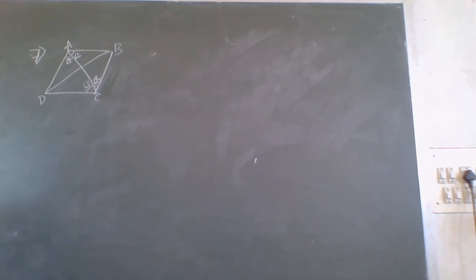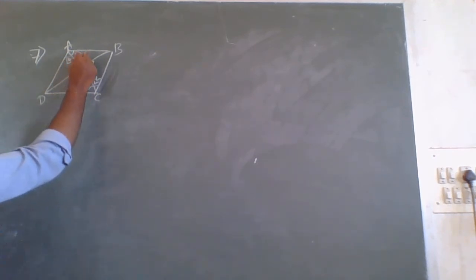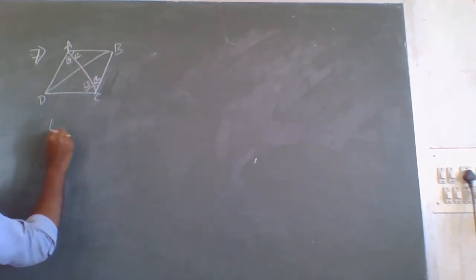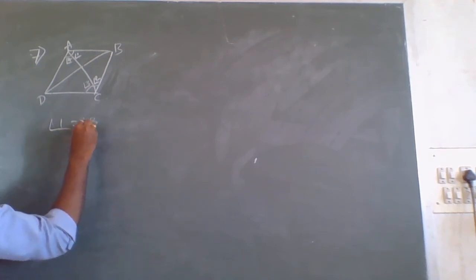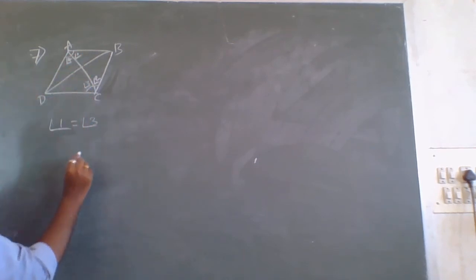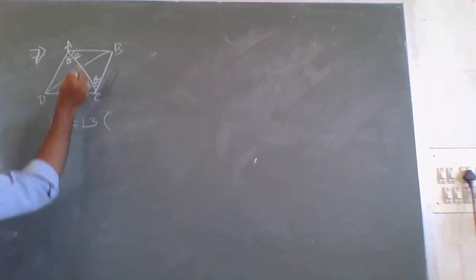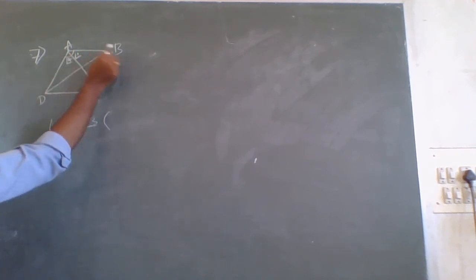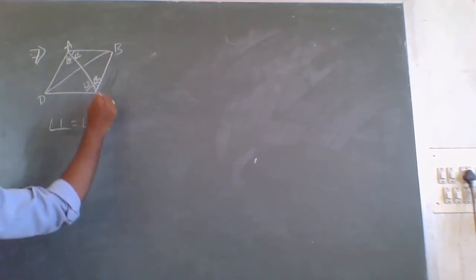First I can directly write angle 1 is equal to angle 3. Why? Because of alternate interior angles, since AB is parallel to CD and this is the intersecting line.